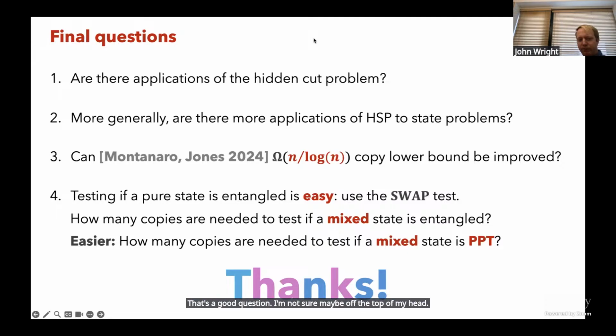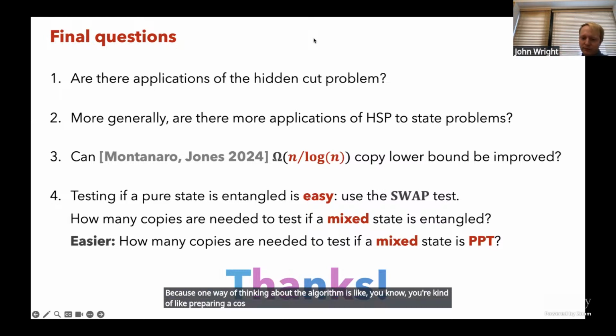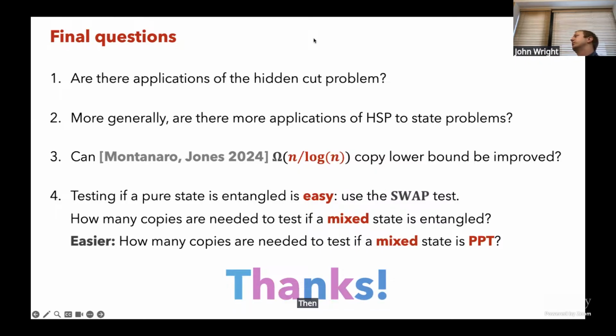One way of thinking about the algorithm is that you're preparing a coset state on the first register by applying your controlled group action on the second register. If your group action were completely orthogonalizing, then because it's a representation, each coset maps to a different, orthogonal state on the second register.